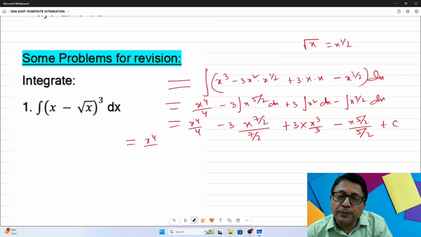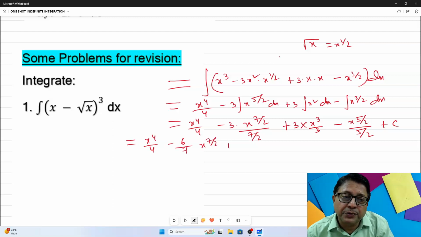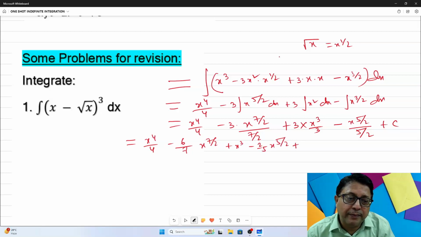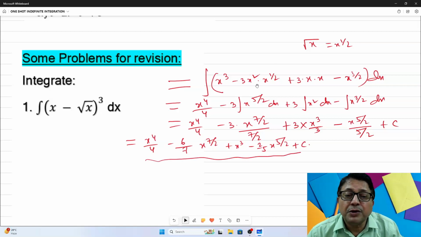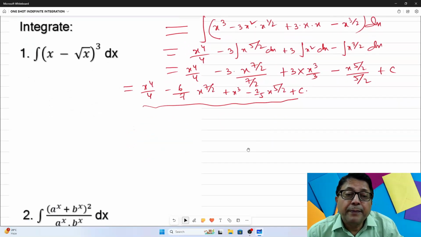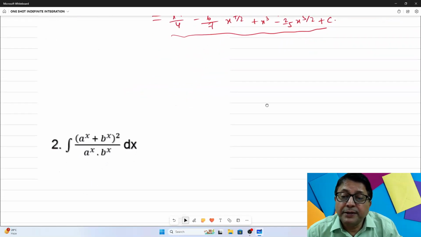There will be x to the power 4 by 4 minus 6 by 7 x to the power 7 by 2 plus x cube minus 2 by 5 x to the power 5 by 2 plus c. Only one integration constant will be written. Don't write an integration constant for every part of the sum given.